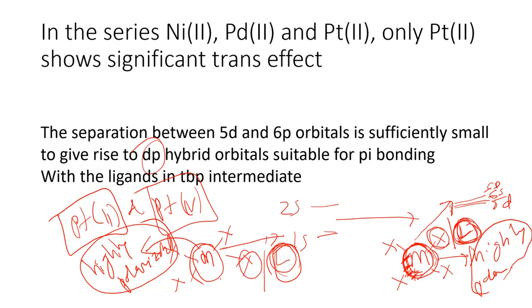Because the charge is comparatively less and the size is comparatively large than in platinum 4, where the charge is higher and the radius of platinum 4 is less than platinum 2. So it would be less polarizable, and it would show very little trans effect, rather than platinum 2, which would show a very high trans effect.